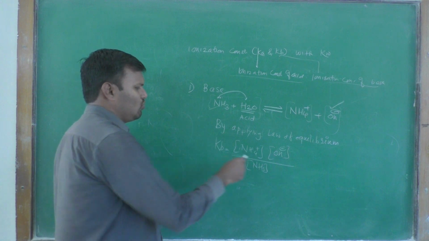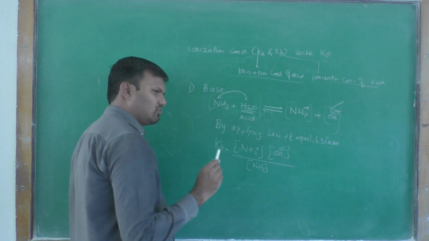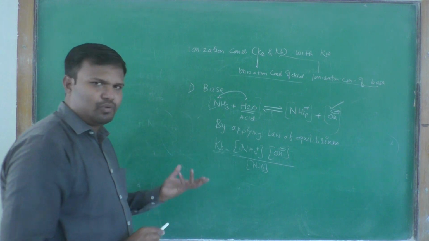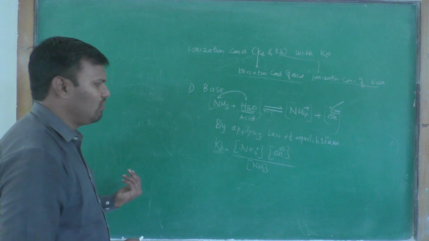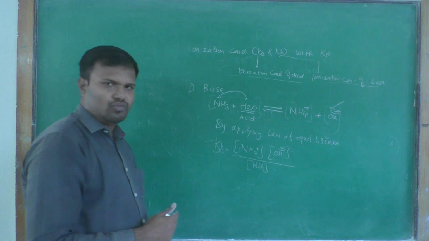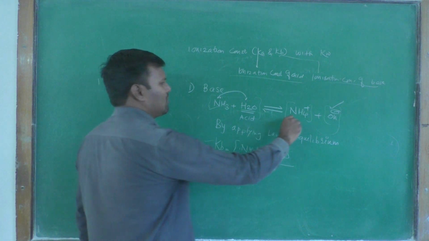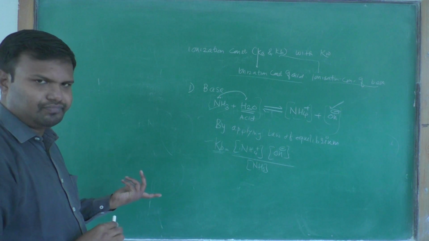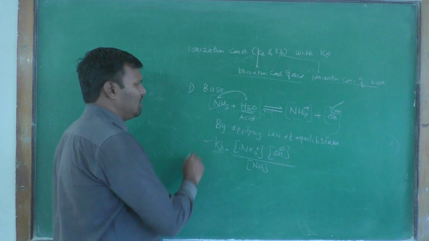We have not taken H2O, because we saw how to find Kb in the previous lecture. You can see that lecture for how we find Kb. In the Kb equation we do not use H2O; we use the ions and the electrolyte. This is for Kb.